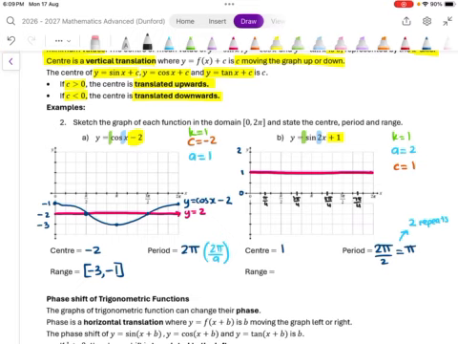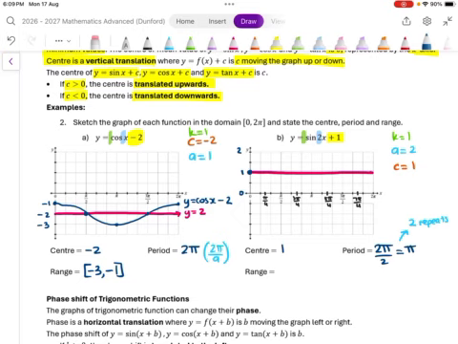So what we're going to do for sine is fit one repeat between 0 and pi, and the second one between pi and 2 pi. For sine, we start at our center, so we start at 1.